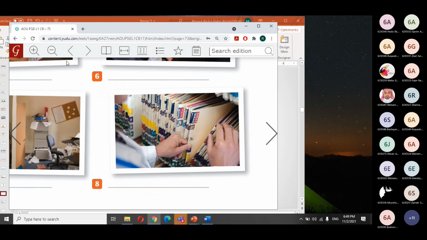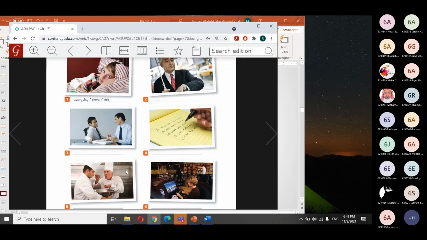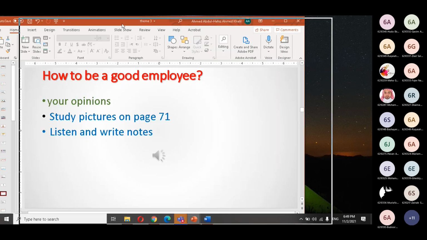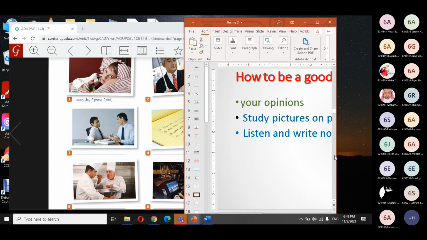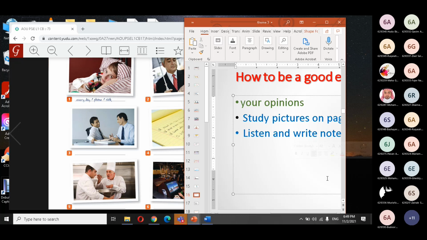Now I want you to have a look again at the pictures. Now you give me your opinion about the pieces of advice given in the picture. You are going to listen to a businessman.